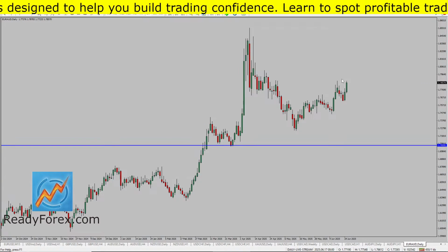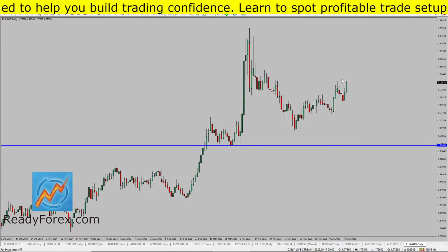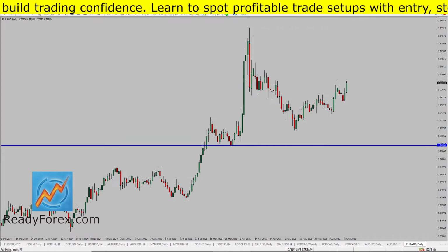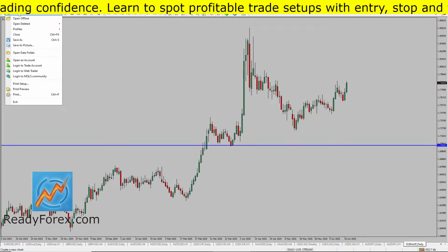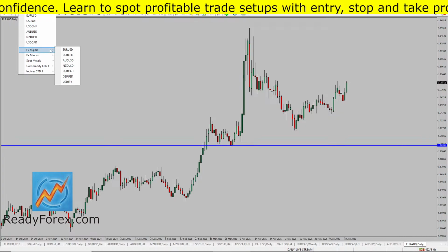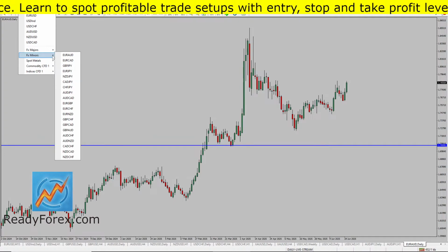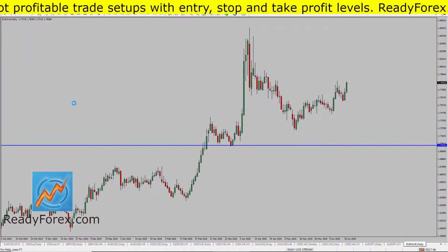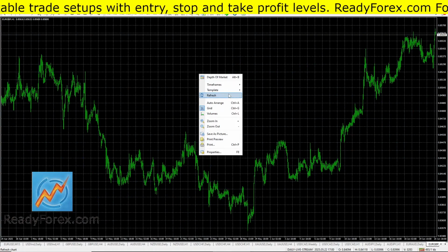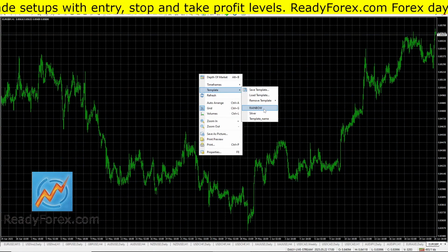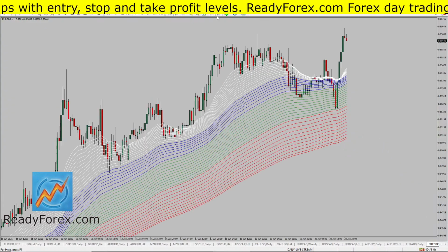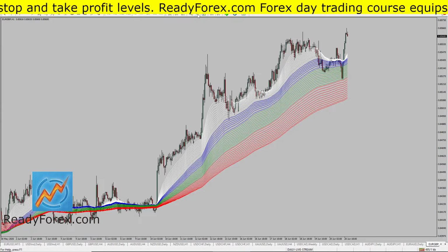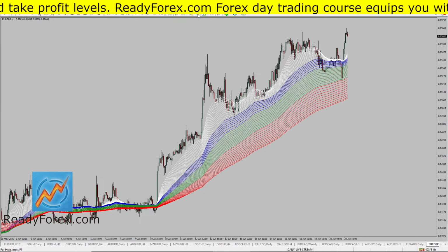Okay. Let's check out some forex pairs, some other trading instruments as well. I'm going to take a look at currency pair Euro GBP. Looks like to me we got a nice uptrend going on inside Euro GBP 1 time frame.